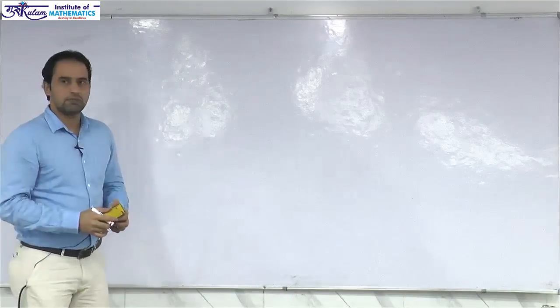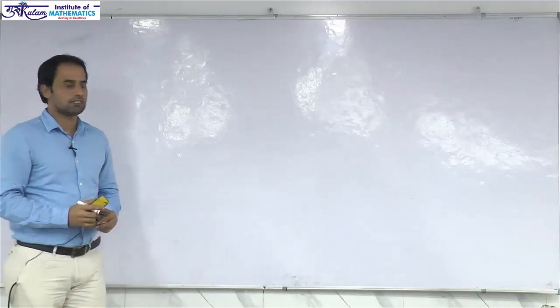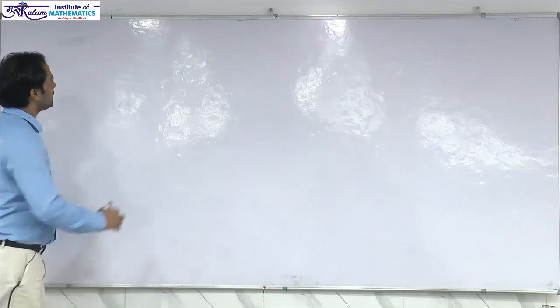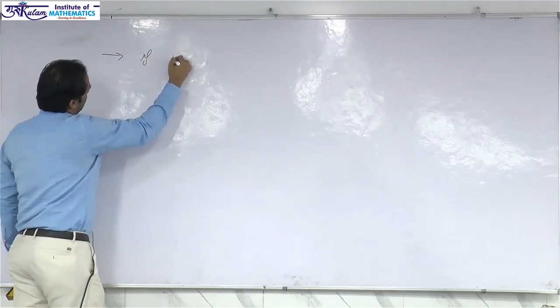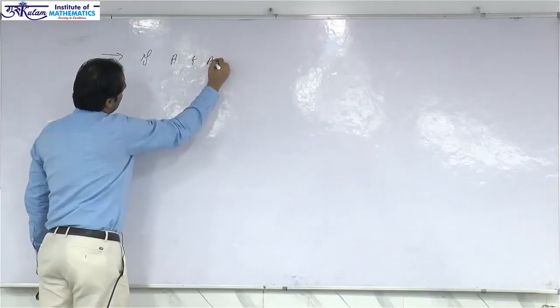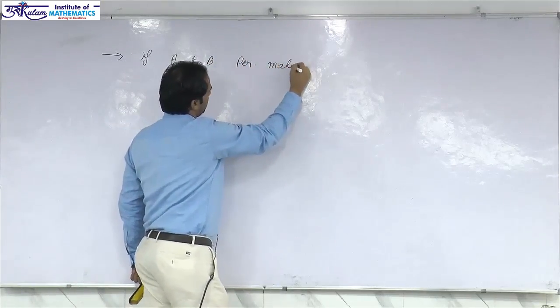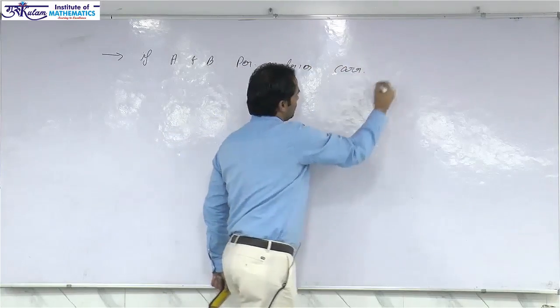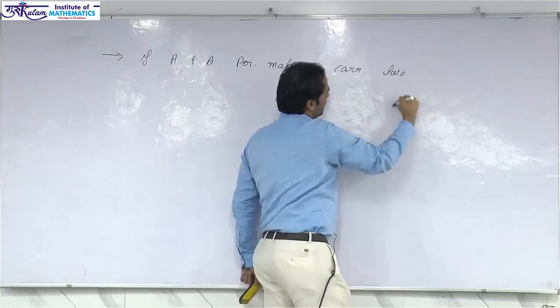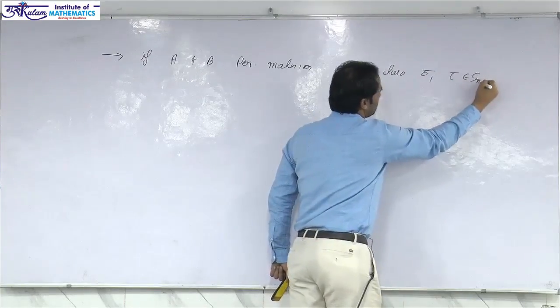So, further we will discuss some of the basic properties of permutation matrix. In this session we will discuss some of the basic properties of permutation matrix. So, let us start with some of the properties. So, the first property is, if A and B are permutation matrices corresponding to two permutations sigma and tau belonging to Sn.